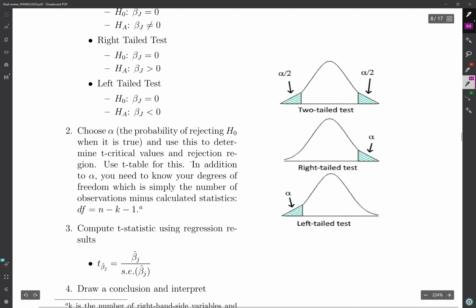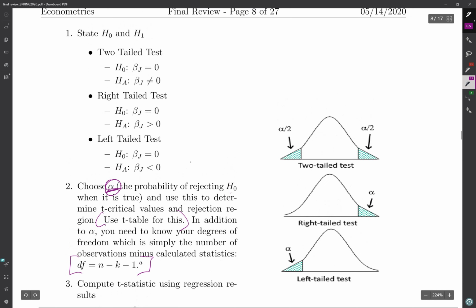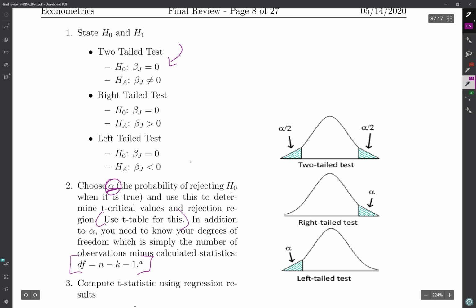If you check in the back of this review, I have a t-table, so you don't have to go looking very far for it. But what you do need to do is know your degrees of freedom and the significance level. If I'm asking you to do this on the exam, I'm going to give you the significance level that I would like you to use. You take that significance level, and you need to know whether you're doing a two-tailed test or a one-tailed test.